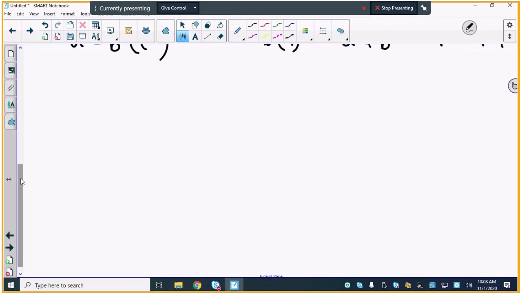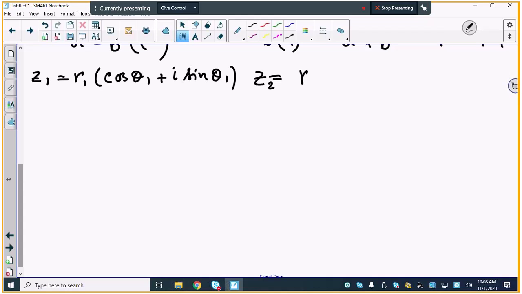As we started by saying, z1 is my first complex number, and z1 is given by r1 cosine theta 1 plus i sine theta 1. z2, the other complex number, is given by r2 cosine theta 2 plus i sine theta 2. So both complex numbers are written in the polar form.